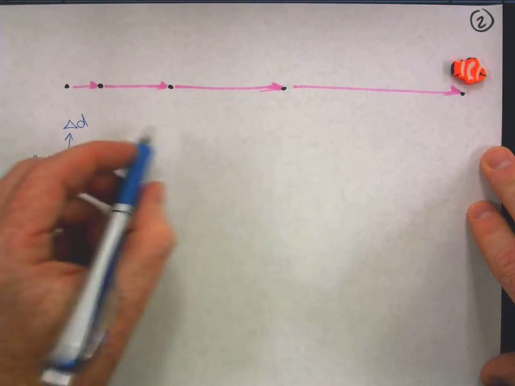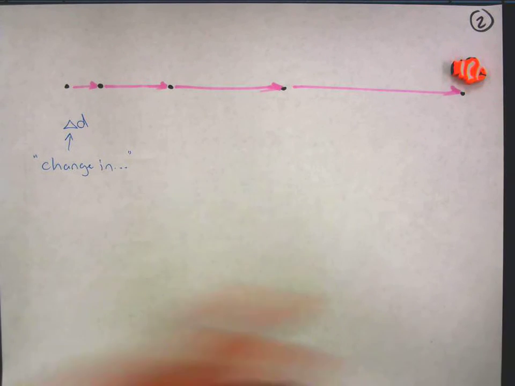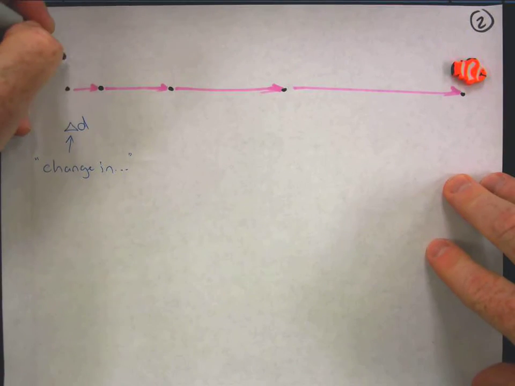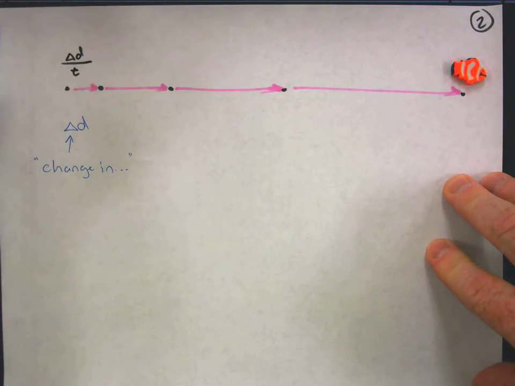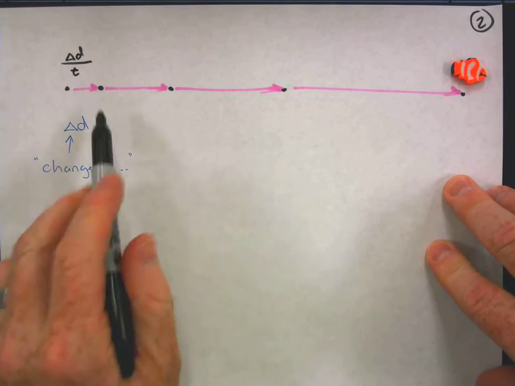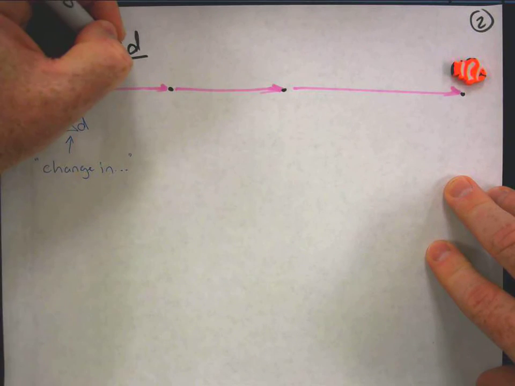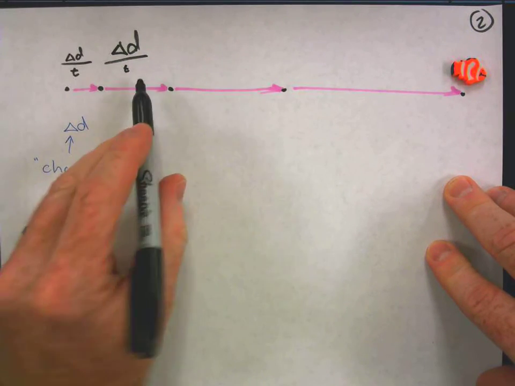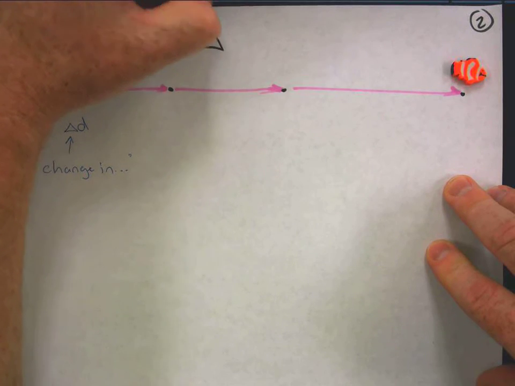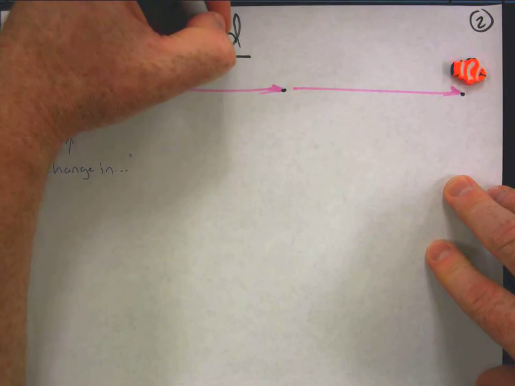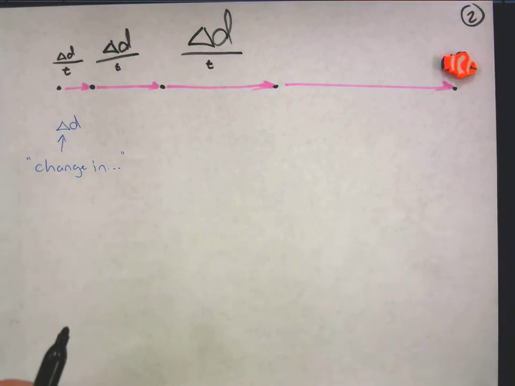If we want to talk about the velocity that's taking place here, at first we have a small change in position in a certain amount of time. Lowercase t will be time. Next we have a larger change in position in the same amount of time. Here we have a very large change in position in the same amount of time.